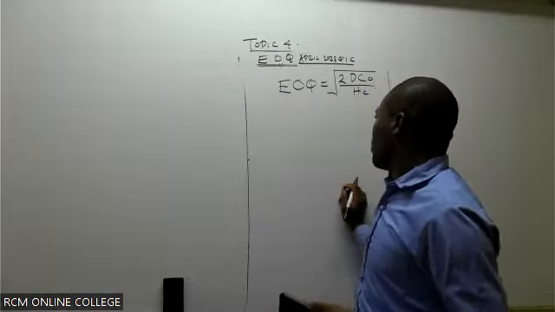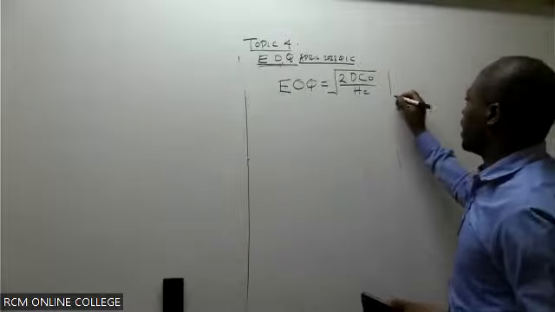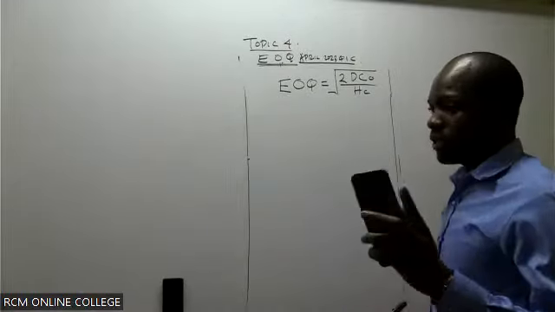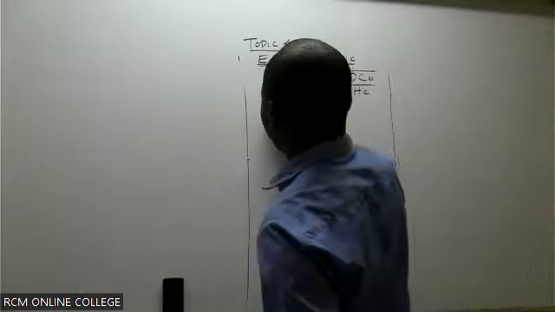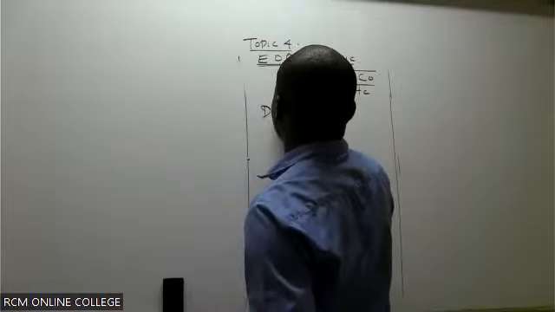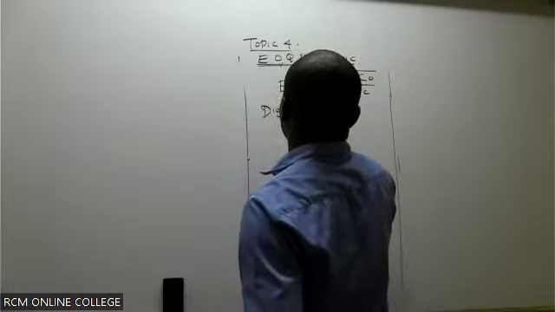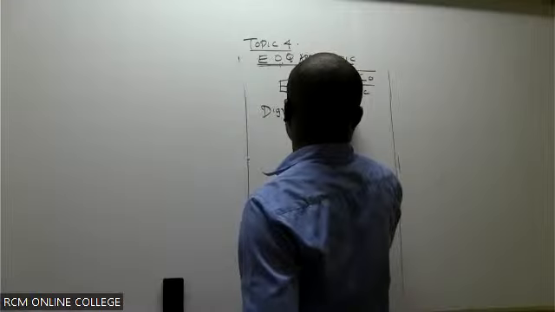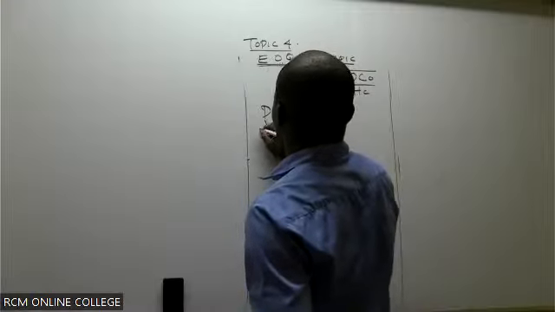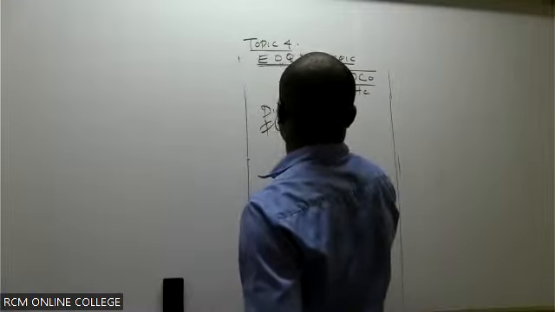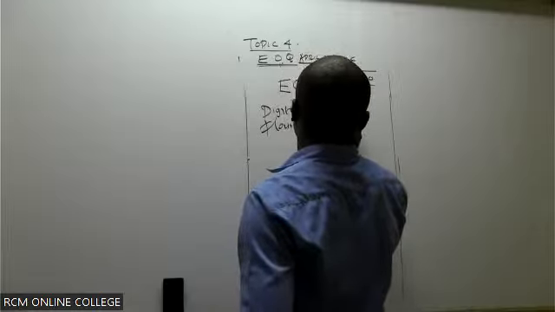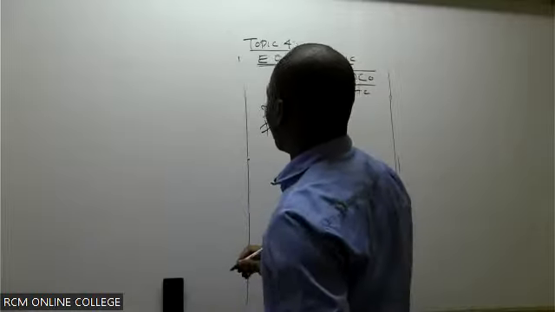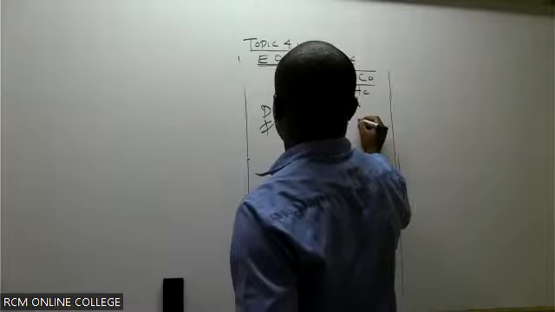Now, you know what these people are actually trying to test here? We have two items here. We have digital television, we have fluorescent bulbs. Now, we have A, we have B.